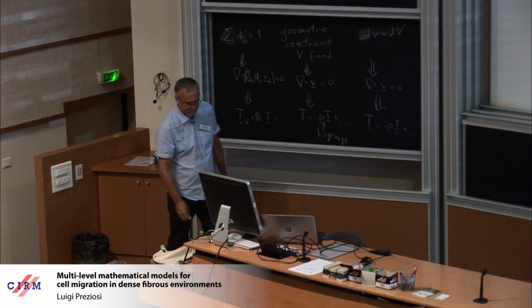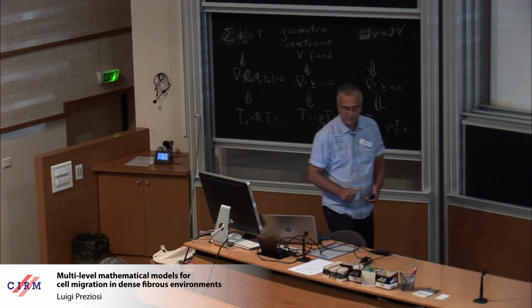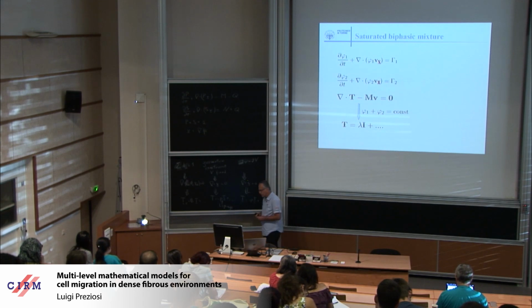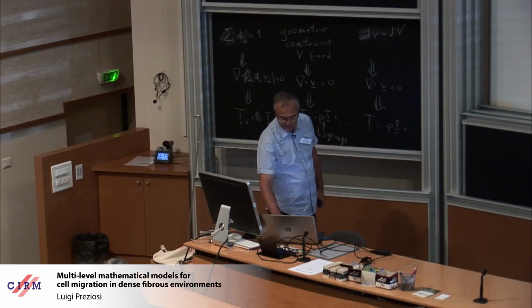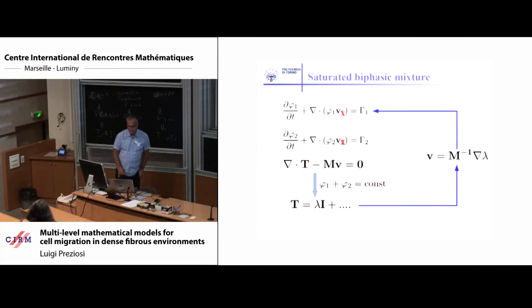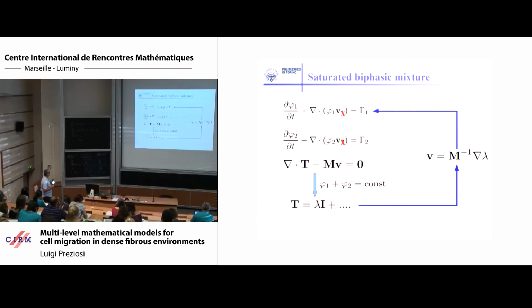So that's why I don't like to call that closure over there Darcy's closure, but it's something related to this lambda. But this is essentially what you do. Then you use this V equal to some gradient of lambda, or gradient of C if you want, and you put it back into the equation.